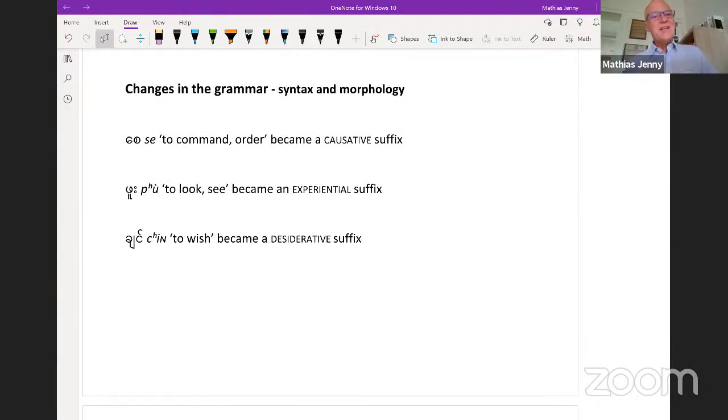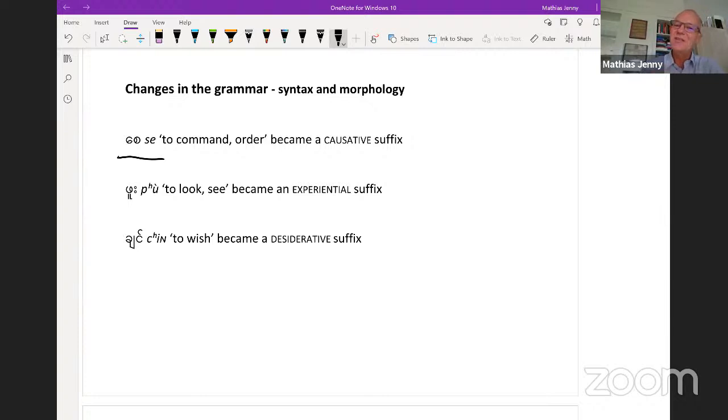We have seen changes in the grammar in English, like I'm going to eat. Be going to, meaning not move from one place to another, but do something in the future. In Burmese, many changes like this happened also in the syntax and morphology. You have an old verb, sede or che in Old Burmese, that means to command, to order.